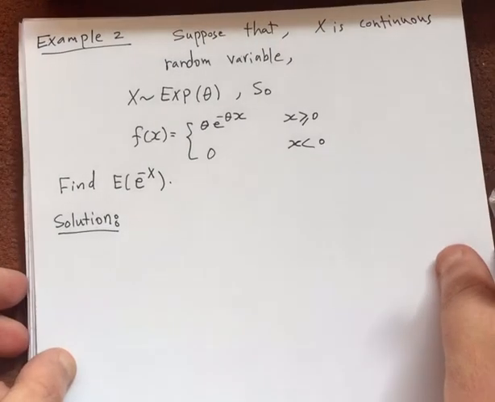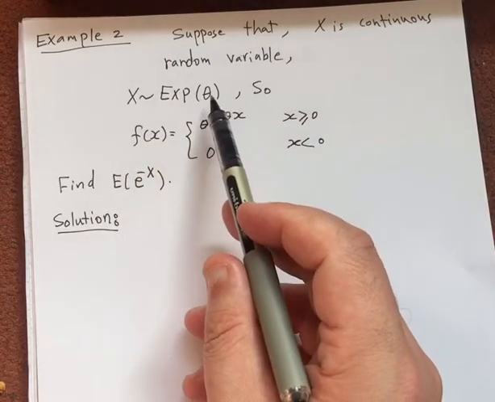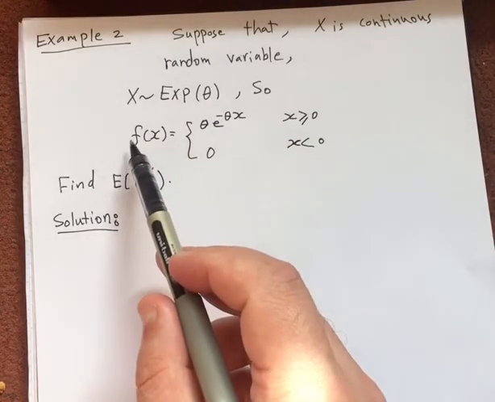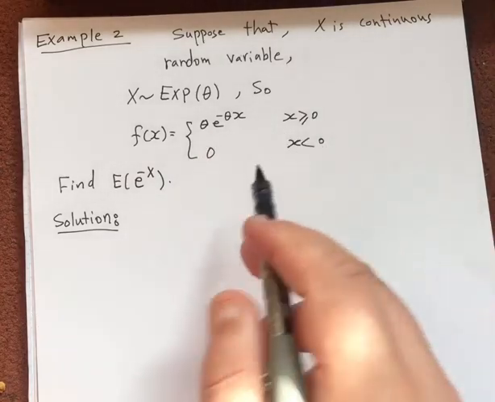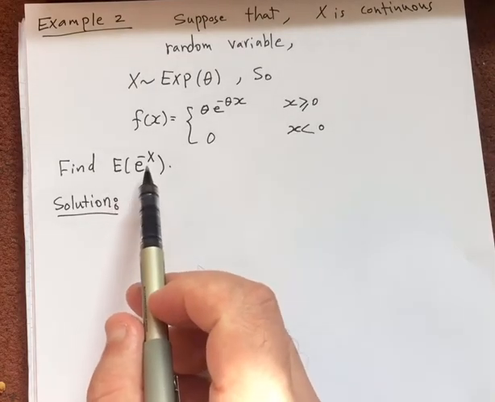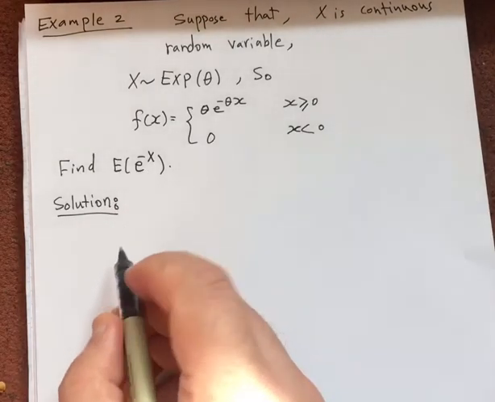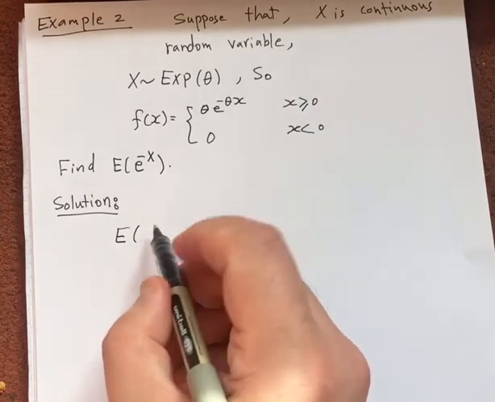Now we'll move to the second example. In this example we have a continuous random variable X, following an exponential distribution with parameter theta. So the probability density function is theta e to minus theta x, where x is greater than 0, and we aim to find the expectation of e to minus X. From the definition, let's write it down.